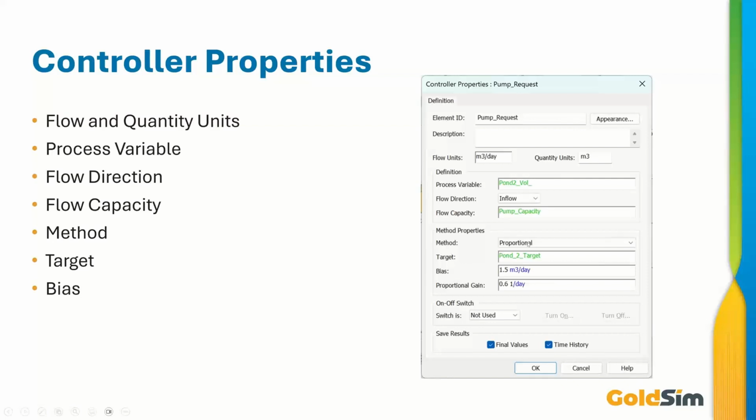In my case, I've got a proportional control type of controller that I'm looking at right here. And the next is the target or set point, as it might be called. And this is your desired value that you want the process variable to be. And then we have these two other terms, bias and proportional gain. And these will act more as tuning factors for you.